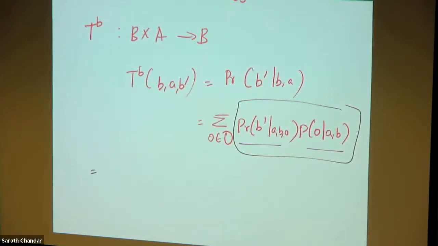So this is basically the summation over O belonging to capital O of the probability of B dash given A, B, O. This is fine.